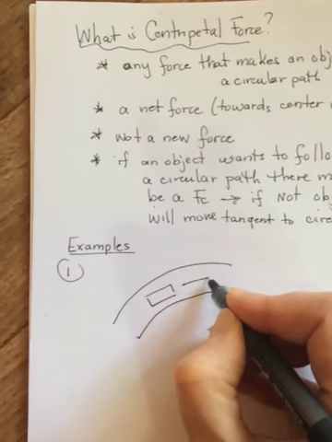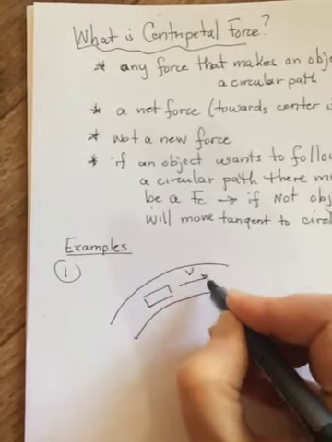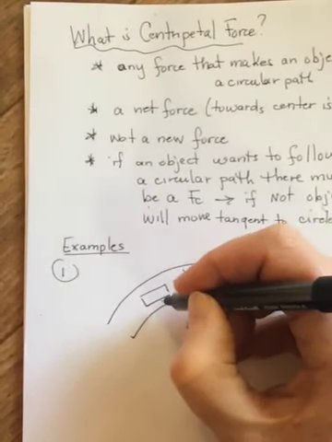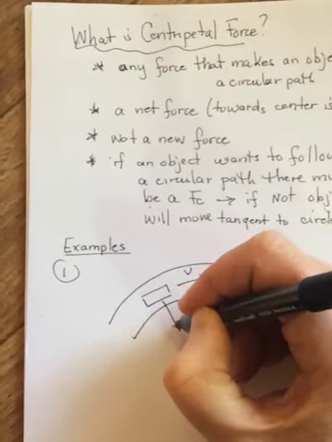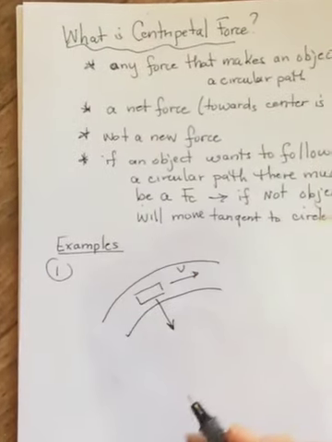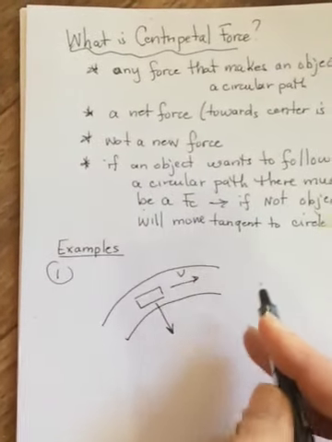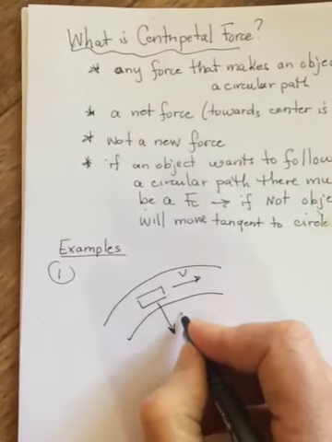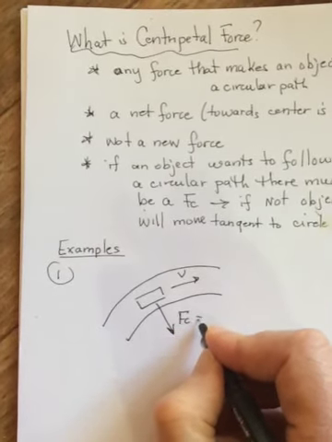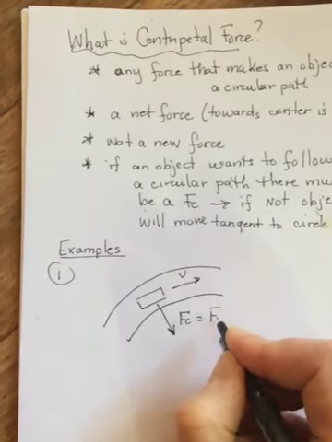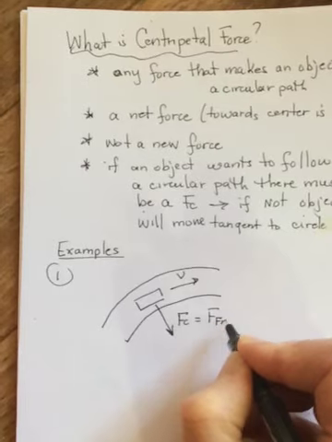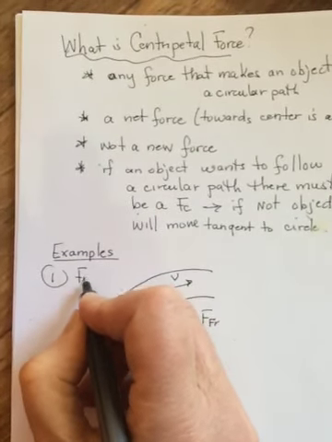Your car's going this way, that's the velocity, and it's counting on a force acting towards the center of the circle that will keep you in this curve. This force, the centripetal force in this case, is friction. So example 1 is friction.